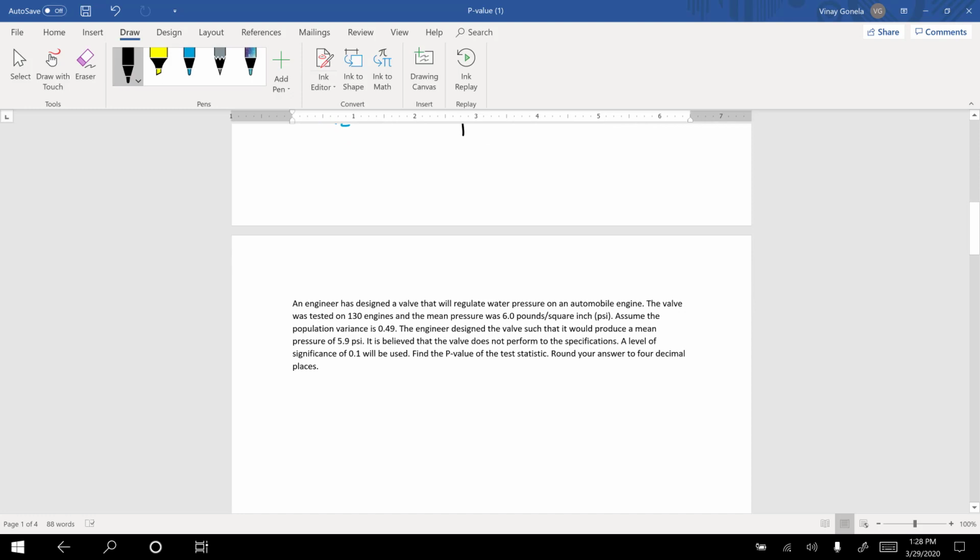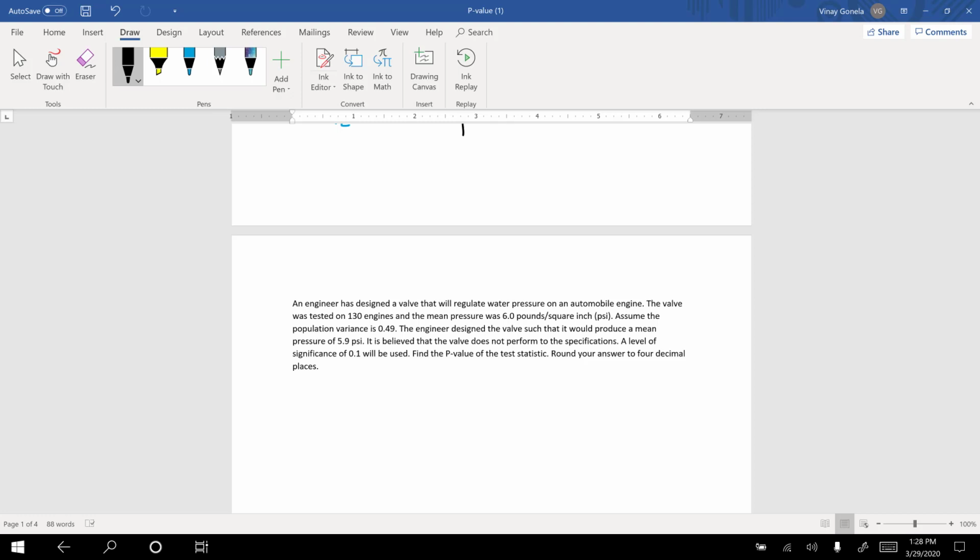So I have an engineer who has designed a valve that will regulate water pressure on an automobile engine. The valve was tested on 130 engines and the mean pressure was 6 pounds per square inch. Assume the population variance is 0.49.